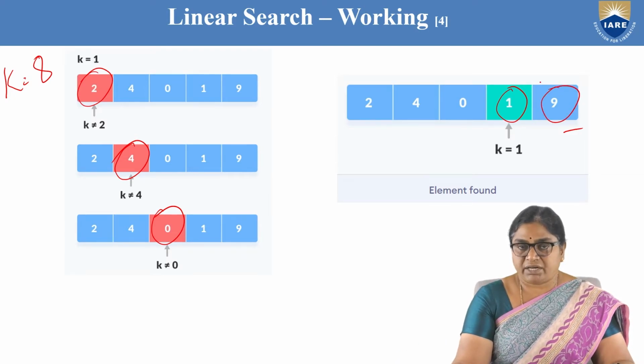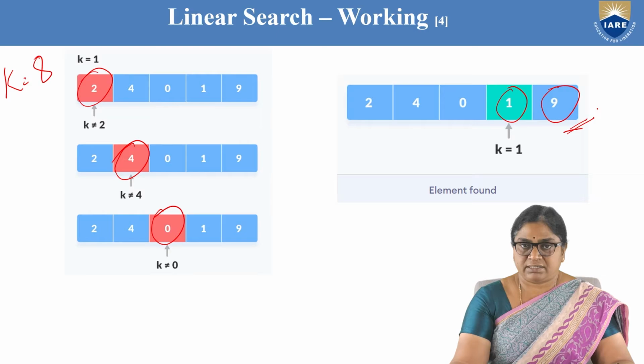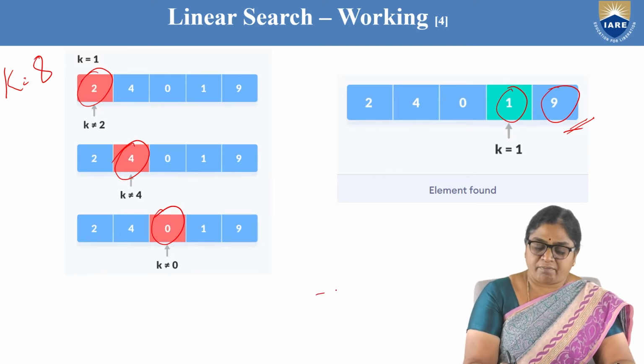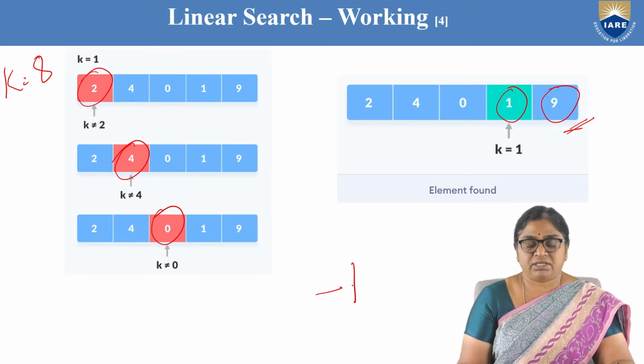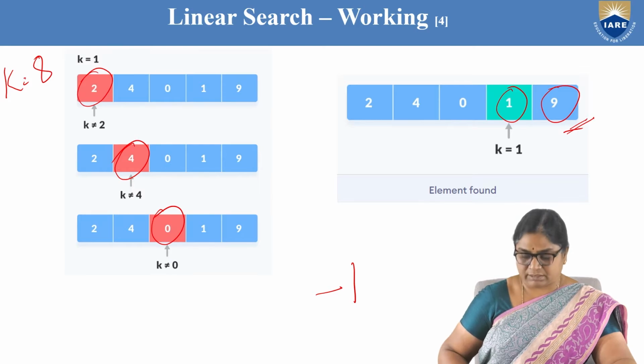Even after comparing with the last element, we could not find the key element, which is 8, in the given list. So here we reached the last index and there are no other elements to compare with. So here we will stop the searching operation and we will display -1 as the result, which indicates that it is an unsuccessful search. That is, the key element is not found in the list.